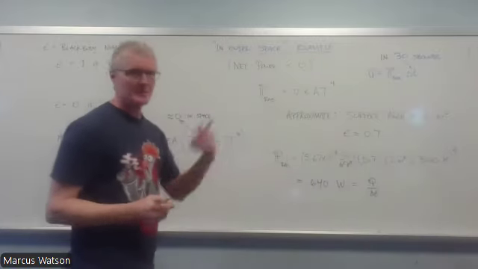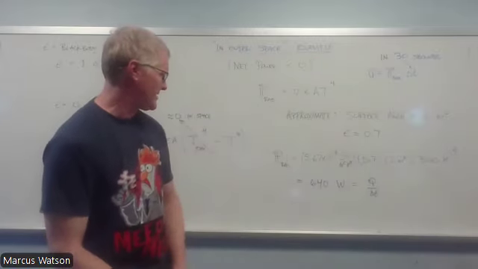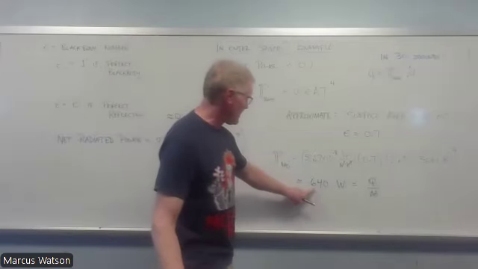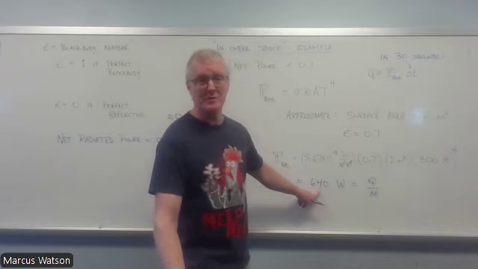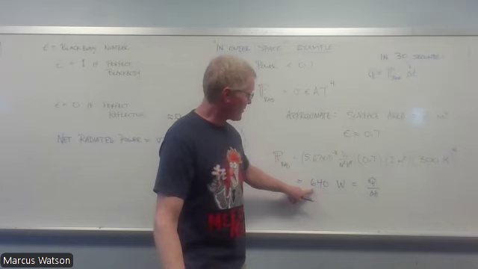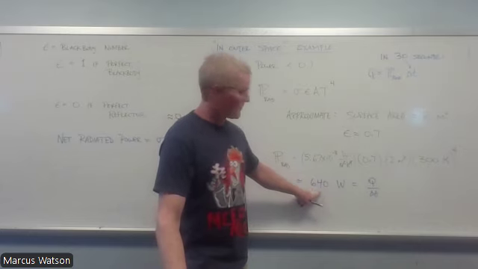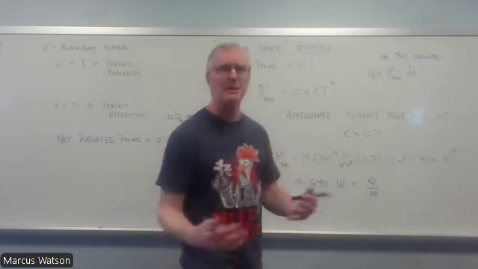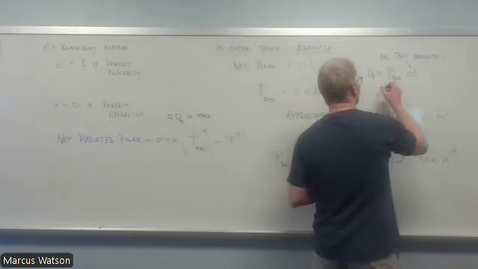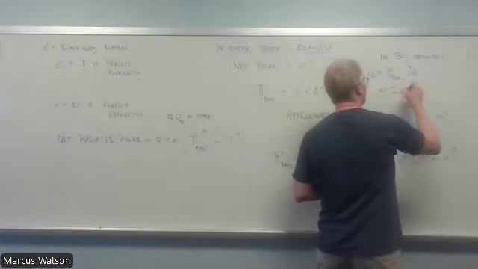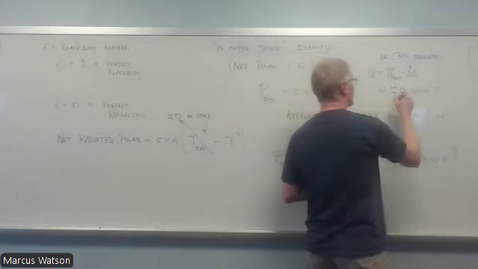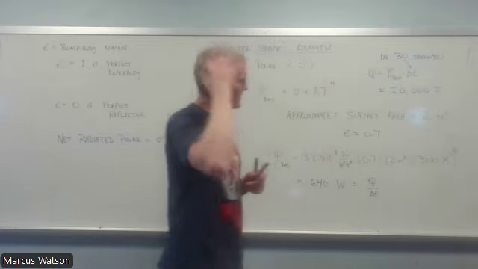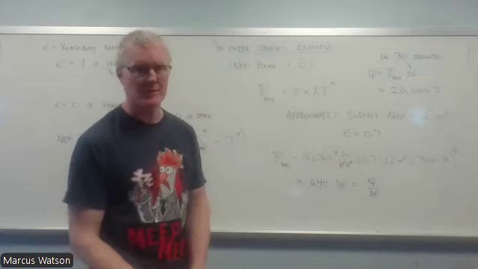So it's just that times 30. It's going to be close enough to 2000 if I just multiplied this by 3. So let's multiply this by 30 and say it's about 20,000 joules, or 2 times 10 to the fourth.